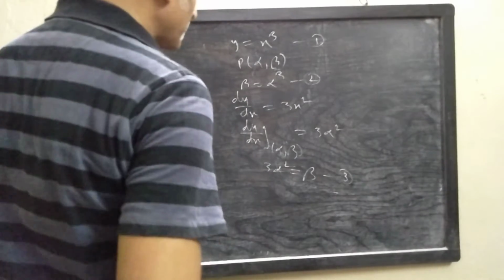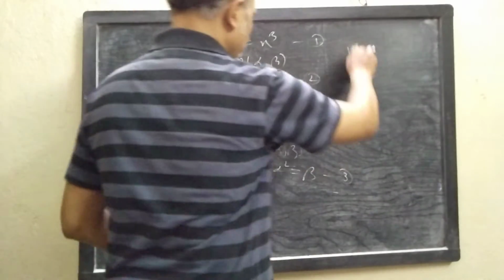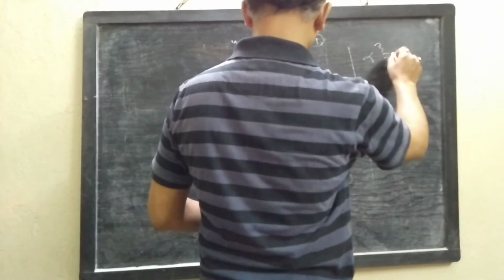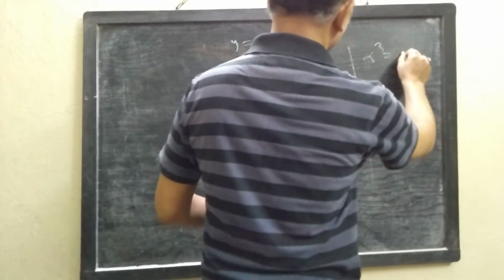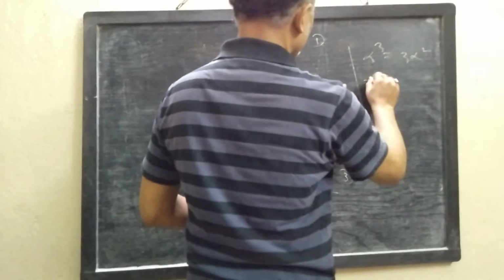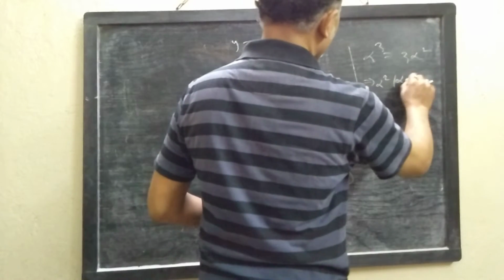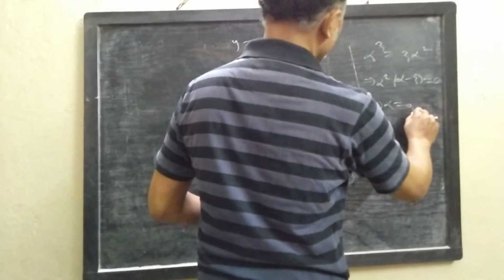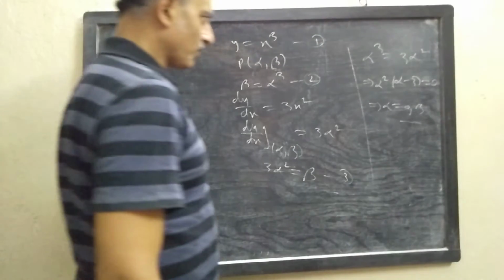Now eliminating beta between 2 and 3, we have alpha cube equals to 3 alpha square. That implies alpha square into alpha minus 3 equals 0. That implies alpha equals to 0 or 3.